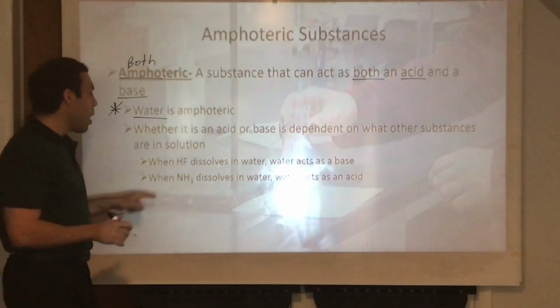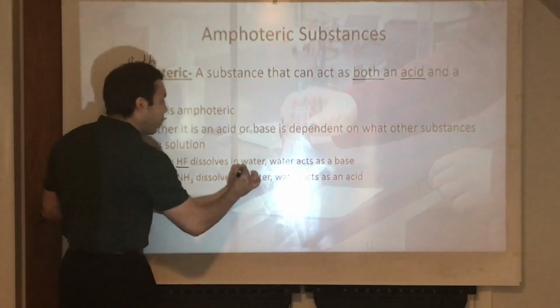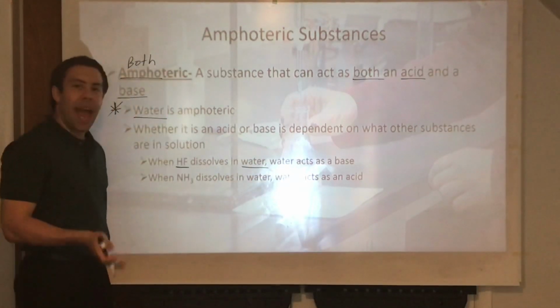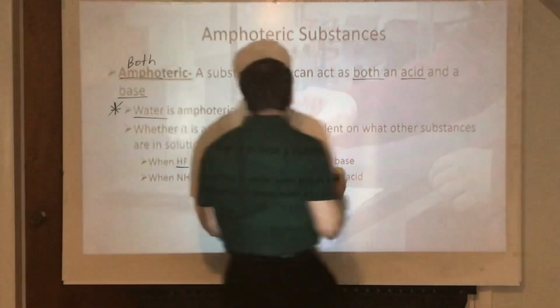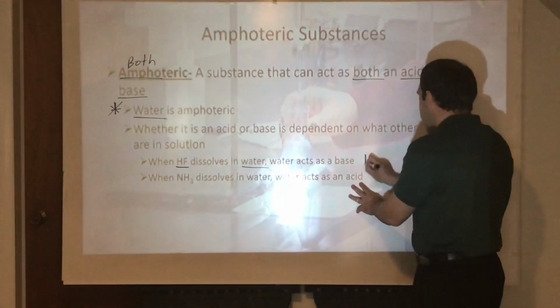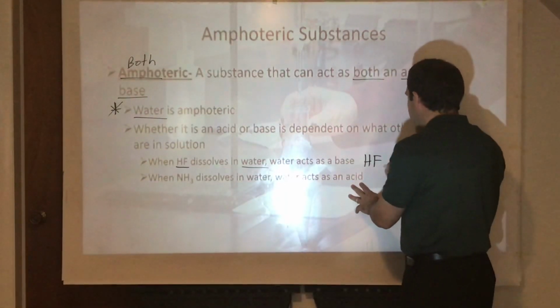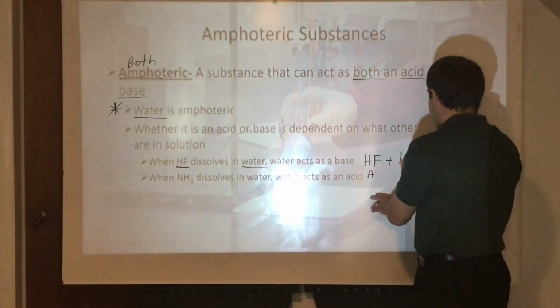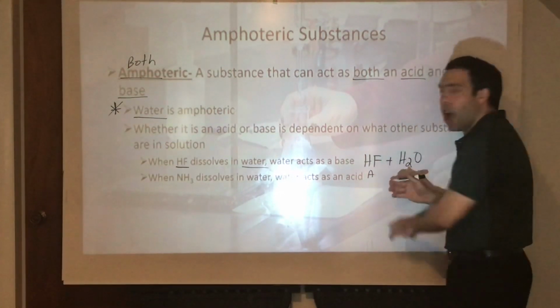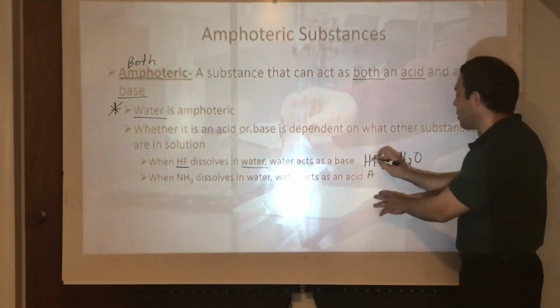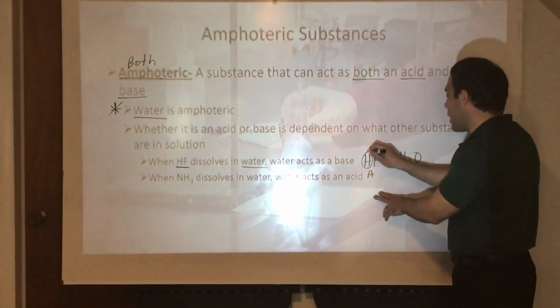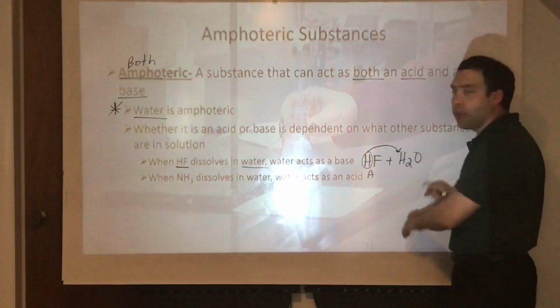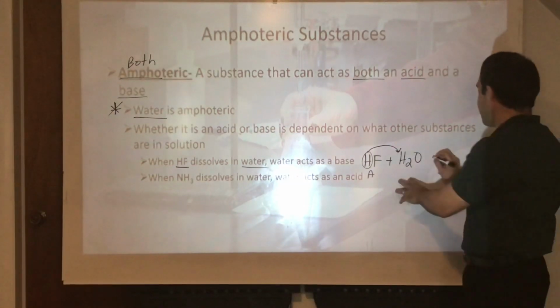For example, when HF dissolves in water, water acts as a base. Let's take a look. HF, hydrofluoric acid, is obviously going to be the acid, plus H2O. Well, in this case, the acid, according to Bronsted-Lowry theory, is going to donate an H plus to the H2O.